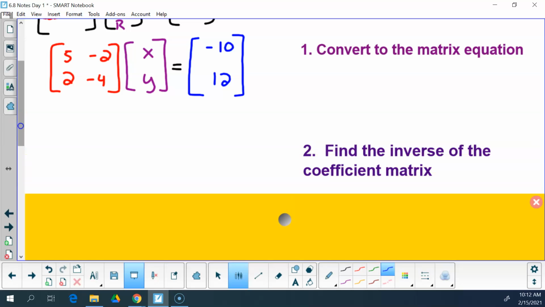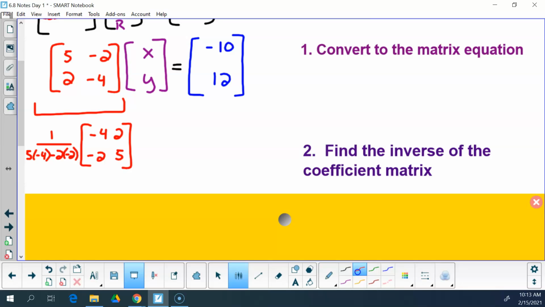Then we are going to find the inverse of our red coefficient matrix. So if I'm going to find the inverse of this matrix, that would be 1 over the value of the determinant, 5 times negative 4 minus 2 times negative 2, times the matrix: switch along the main diagonal, negate along the other.